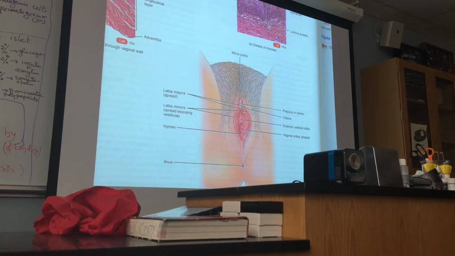This is the external urethral orifice. The urethra opens through here, and labia minora and labia majora. Here is clitoris, prepuce of clitoris, and this region underneath is adipose tissue. This is called mons pubis.